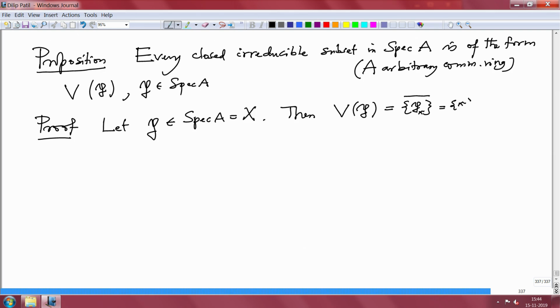And we have seen in the last lecture that the closure of an irreducible subset is again irreducible. Therefore, this is a singleton, therefore it is irreducible, therefore V(P) is irreducible.